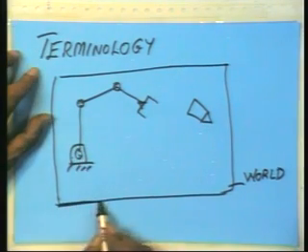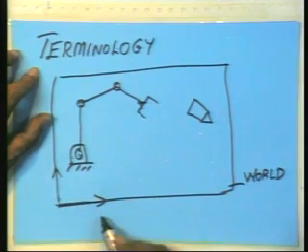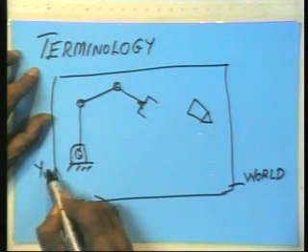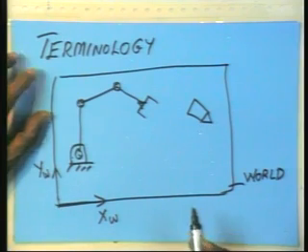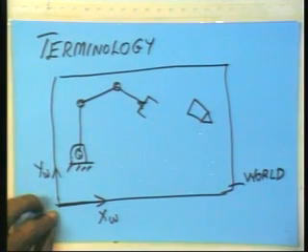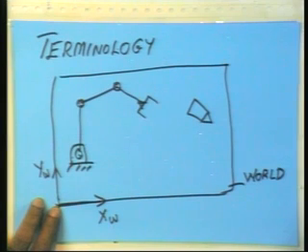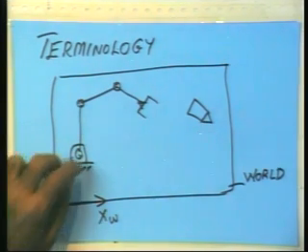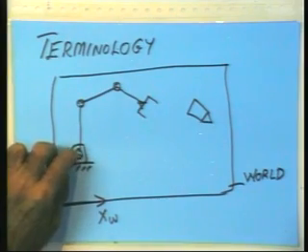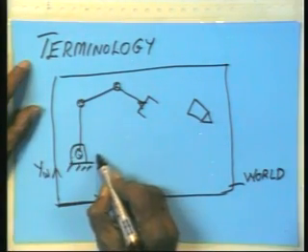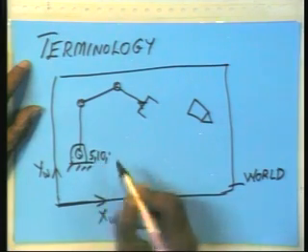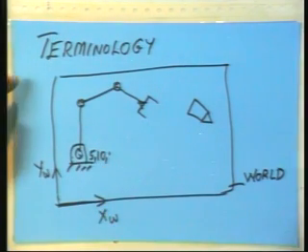Instead, I fit a coordinate system called XW, YW, where W stands for world, at the corner of the table. The origin of the coordinate system XW, YW is fitted at the bottom left hand corner of the table. In this coordinate system, the base of the robot is at 5, 10, centimeters or meters or whatever.